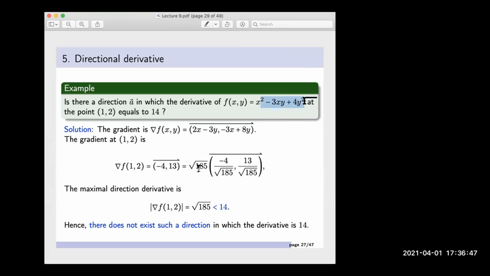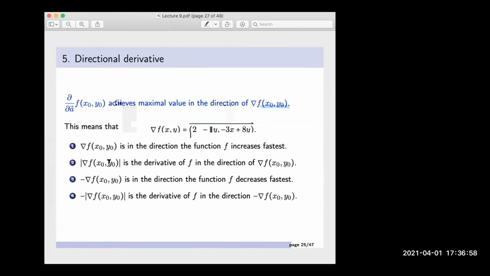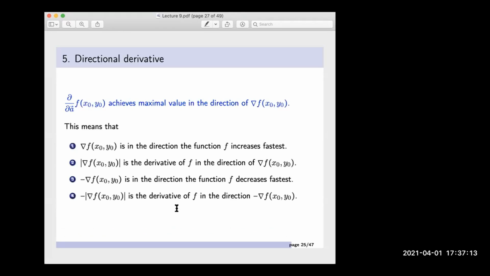The length of the gradient is the biggest possible directional derivative, right? We have learned this. So the directional derivative would always be smaller than the length of the gradient.